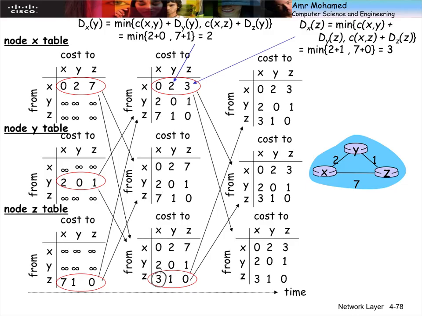As you can see here, when I switch to this at time T2, all these tables now have the minimum cost, and if you try to run the Bellman-Ford equation on this, you will find that there is no change in all the routers.